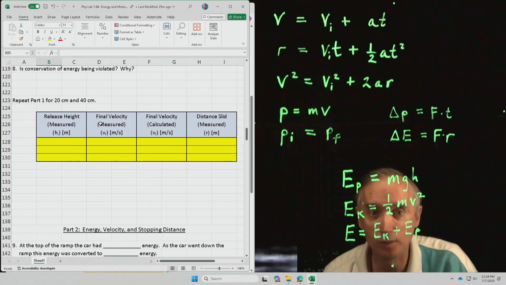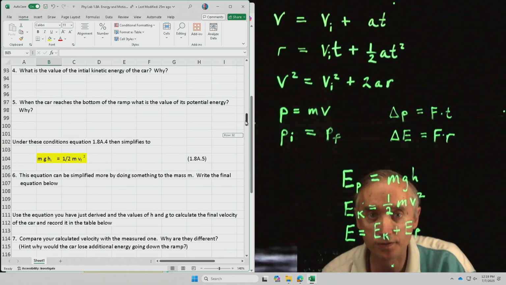You're going to write down what was the final velocity, so you're going to put that there, but we're going to also calculate the final velocity, and we're going to put that right here. So I haven't showed you yet how to do that. And then we also have the distance that the box slid, and you're going to need to put that right there. So we're going to fill in this data table.